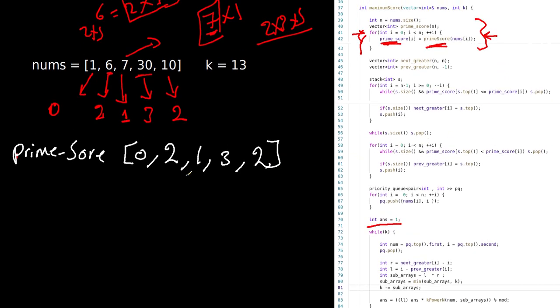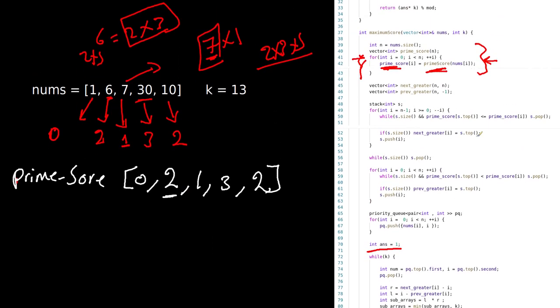Remember, our target is to find the number of subarrays where the number has the maximum prime score. To do that, let's take this value and assume we want to calculate the number of subarrays in which 6 has the maximum prime factor.